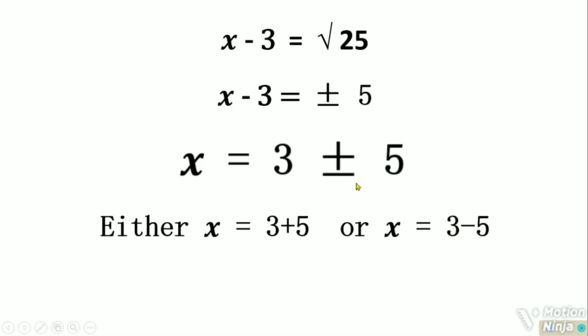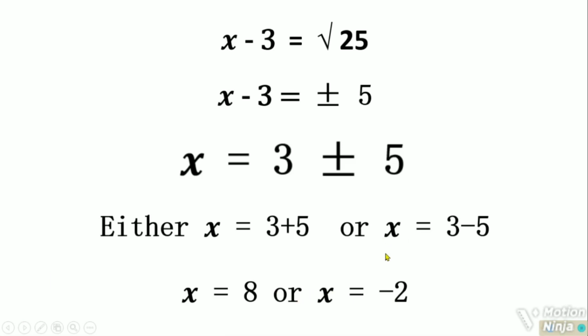Because we have 2 options, either option will give us a correct answer. Dealing with this side, x is equal to 3 plus 5, which is equal to 8, and on this side, x is 3 minus 5, which is equal to negative 2. So the answers are x is equal to 8 or x is equal to negative 2. So these are the 2 answers.